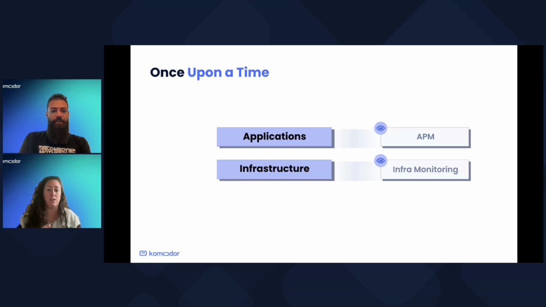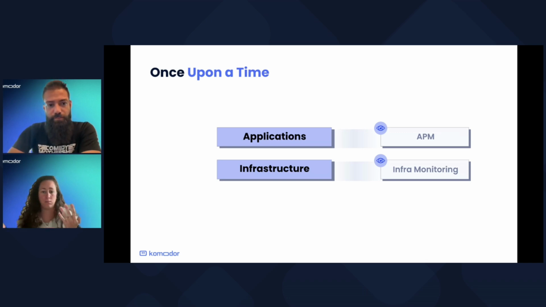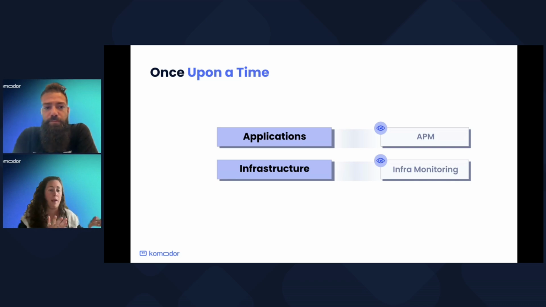For applications, you had APM tools, such as Datadog, for example. And for infrastructure, you had different infrastructure monitoring solutions. So you needed to pay all of that money and resources, but on the other hand, you only had two layers to take care of.